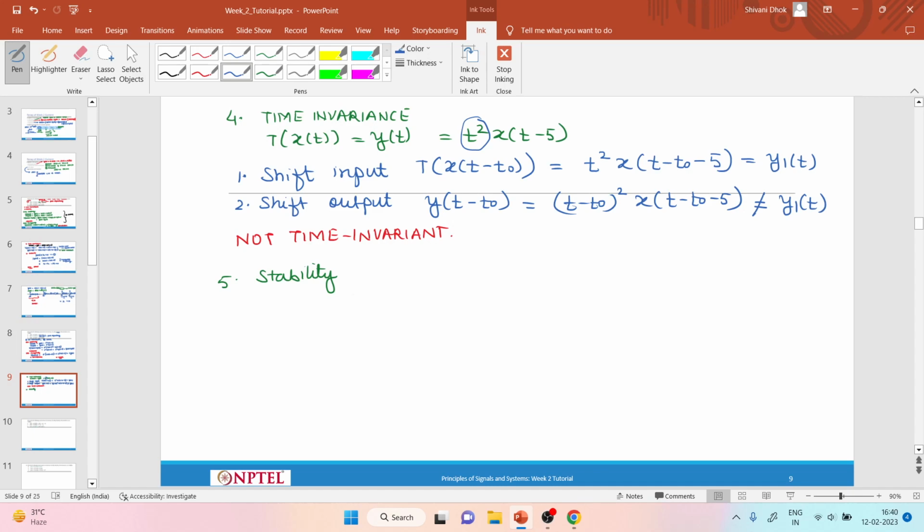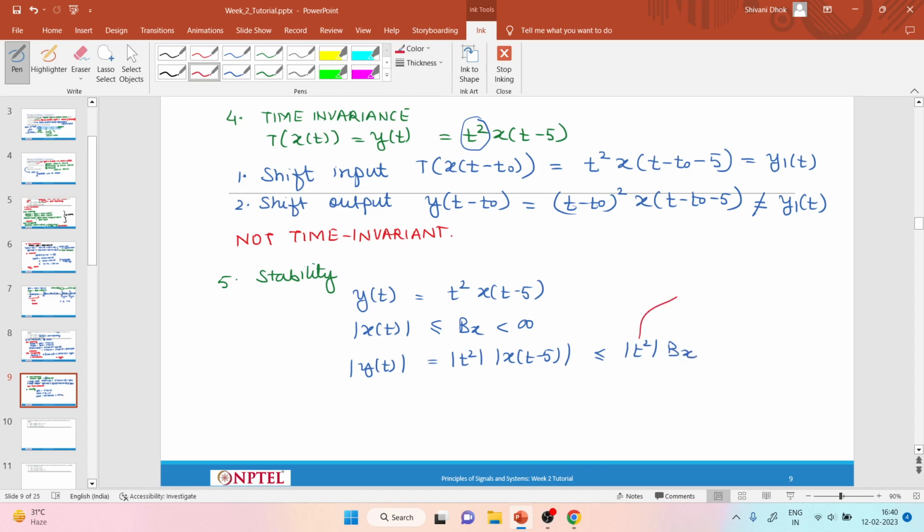So your y of t is equal to t square x of t minus 5, and let's say my x of t is bounded by bx, which is less than infinity. Therefore mod of y of t, that is absolute value of y of t, is equal to mod of t square into mod of x of t minus 5, which is less than or equal to mod t square bx.